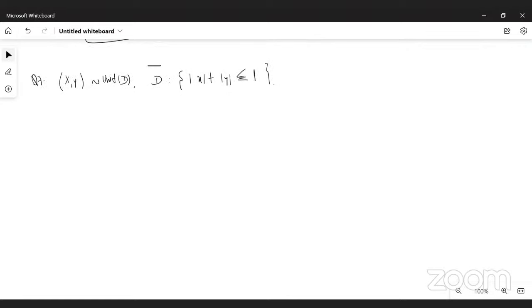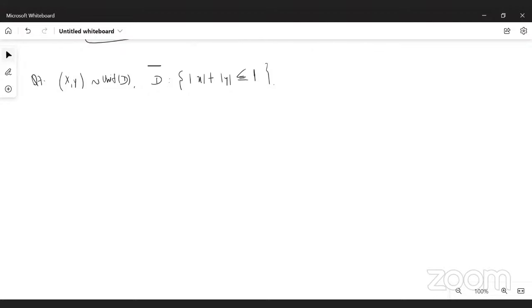So we had to find the joint distribution of this. First of all, we'll have to split it into various cases.